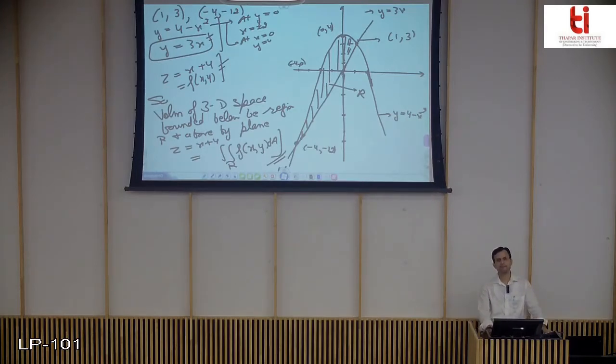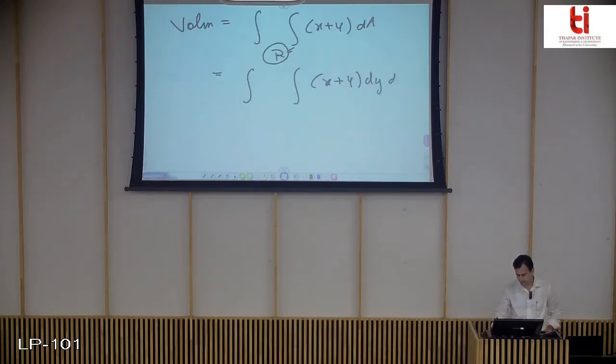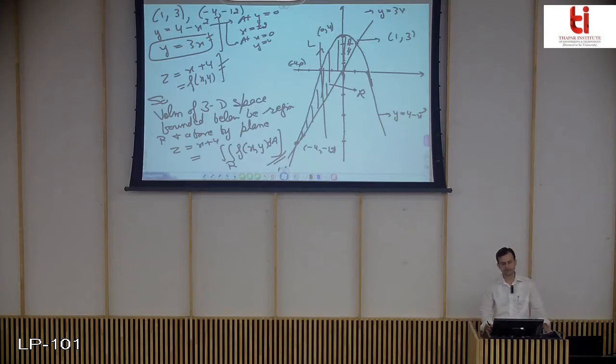So looking at this region of integration, I can clearly see, if I take integration first with respect to y, and then x, then in that case, an imaginary line L is always entering on the same line y equals 3x, and always leaving on the same curve y equals 4 minus x squared.